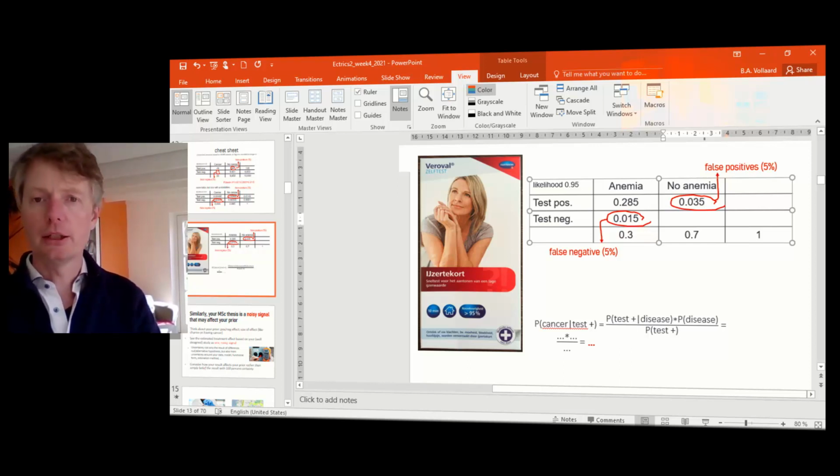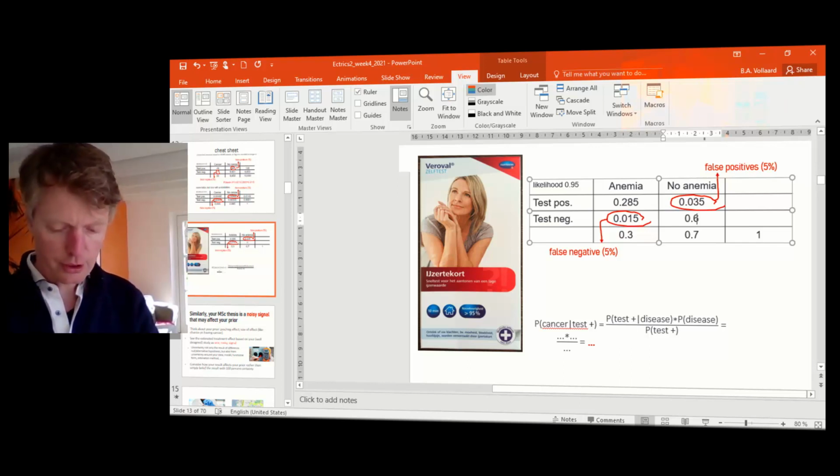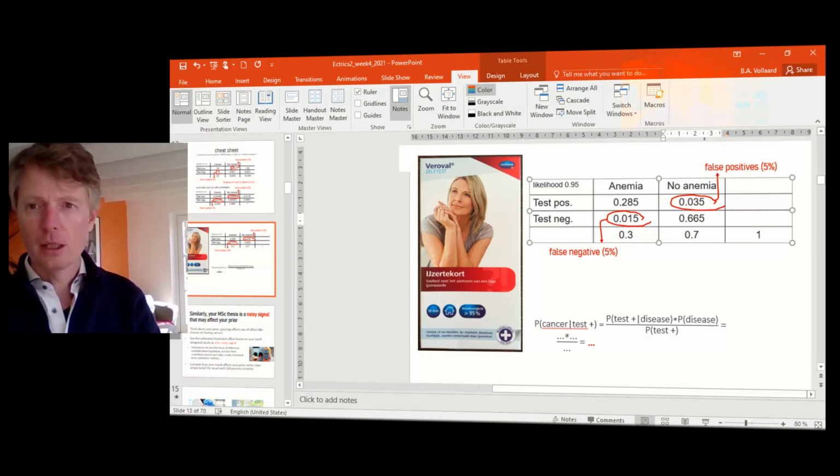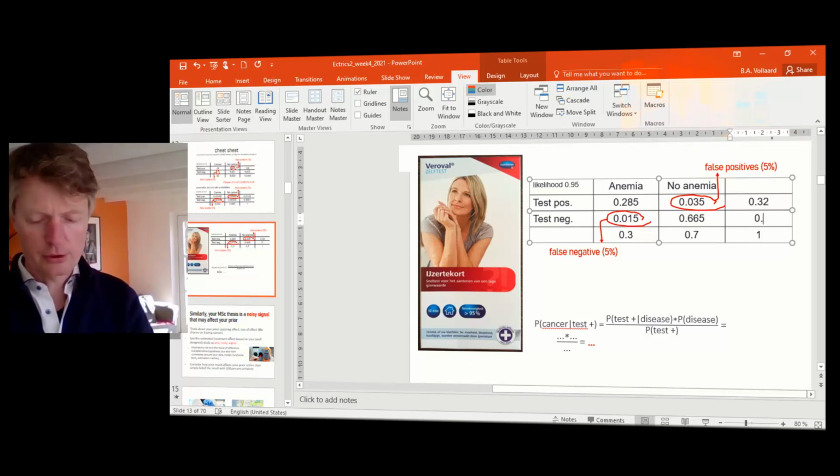So the chance of getting it right, i.e. a negative test result, if I do not have anemia, is 0.665. All right, so then we can just add up those rows. This gets to 0.32. This gets up to 0.68.